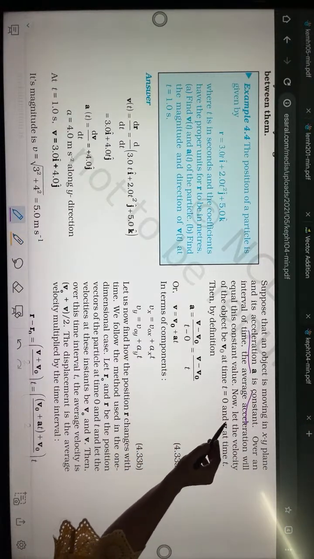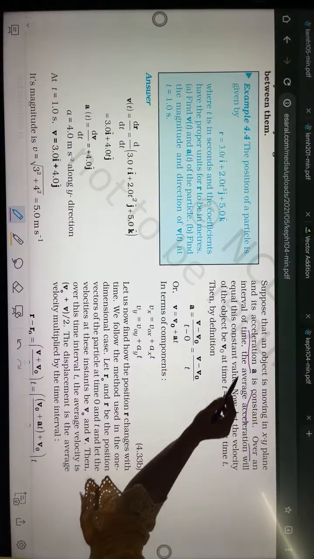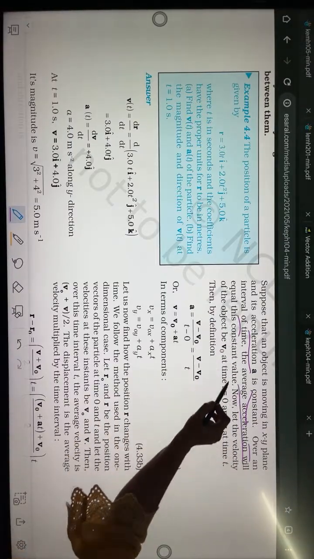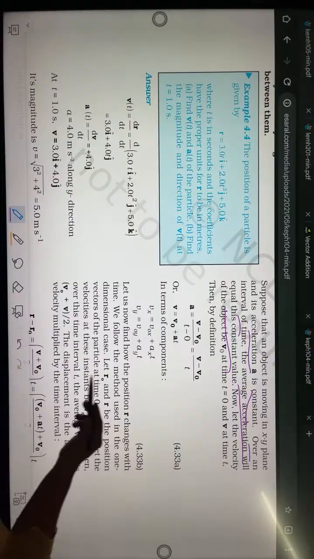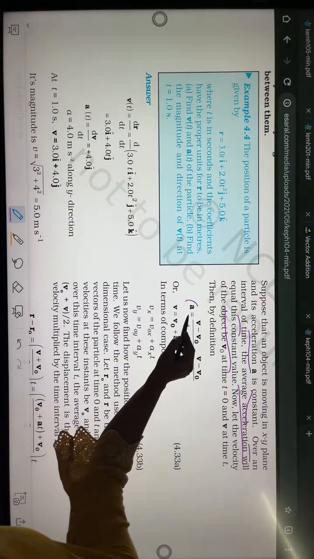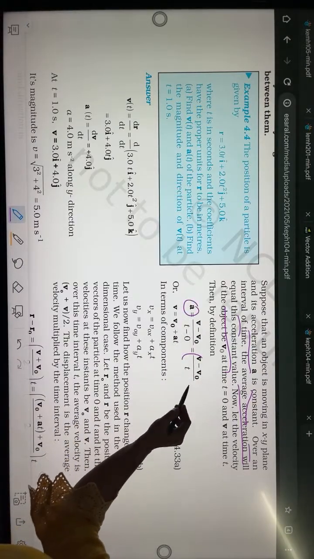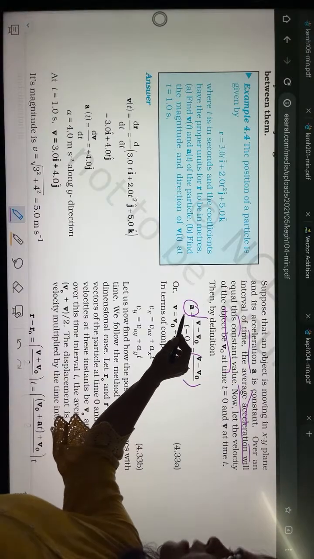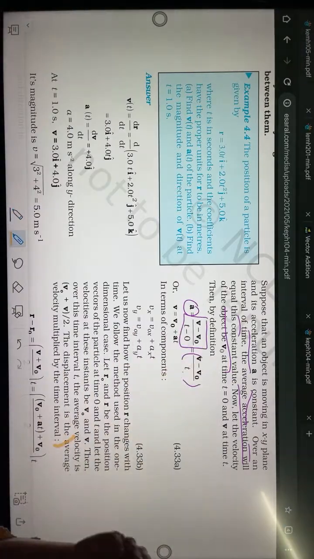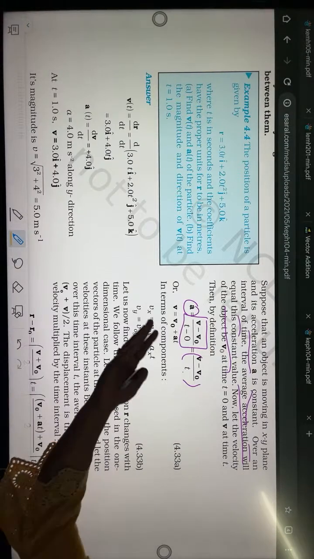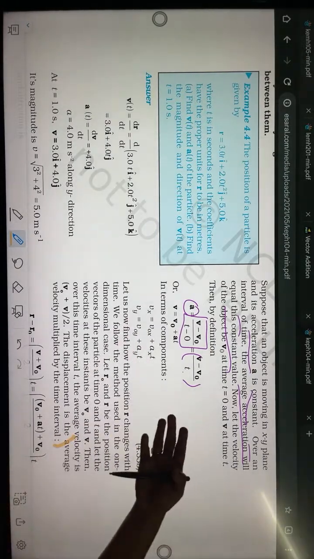Over an equal interval of time, the average acceleration will equal this constant value. So what is that constant value now? a is equal to v minus v naught by t. For constant acceleration, at some initial time the particle starts from rest or something. If it starts from the beginning, that will be recorded as 0. From that only you are counting how the particle is moving.